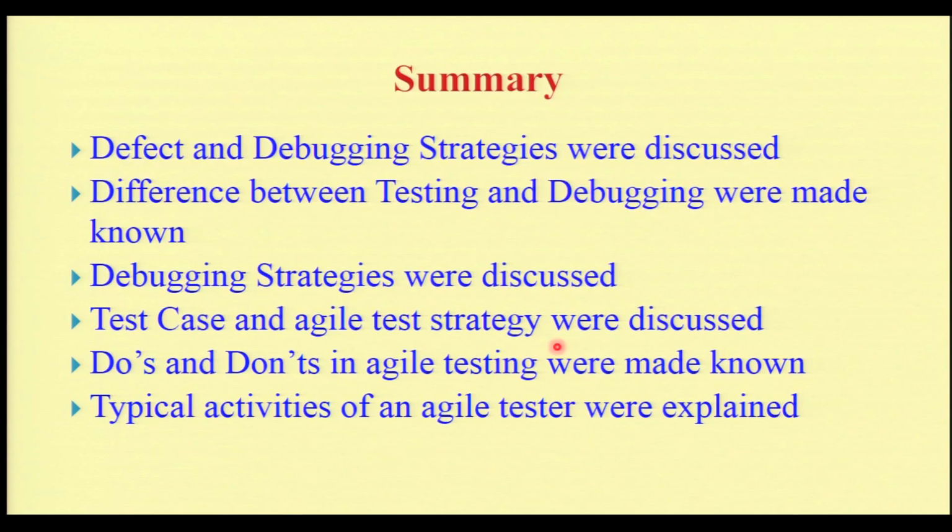The debugging strategies were discussed in detail. The test case and agile test strategies were discussed. The do's and don'ts of agile testing and the agile testers were made known. The typical activities of the agile testers were explained in detail.